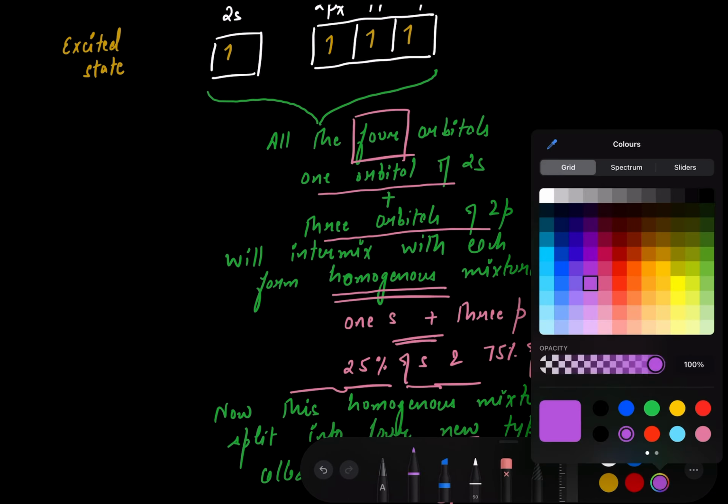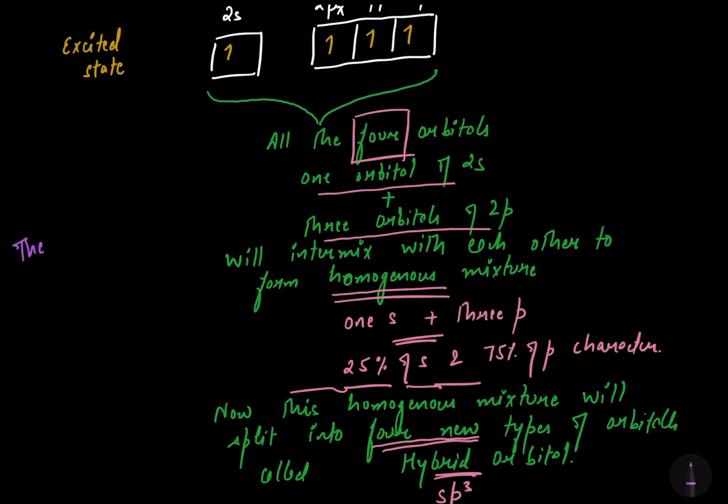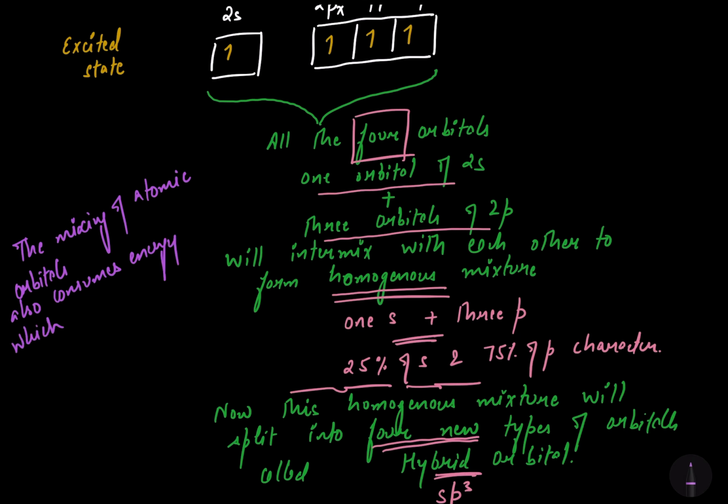Over here, the mixing of atomic orbitals also consumes energy, which has to be compensated when new bonds are formed.